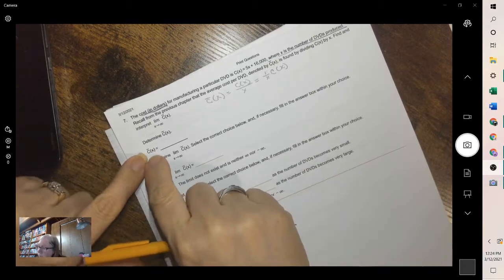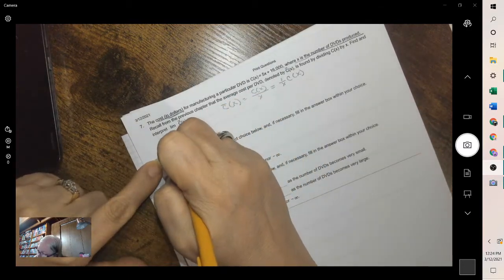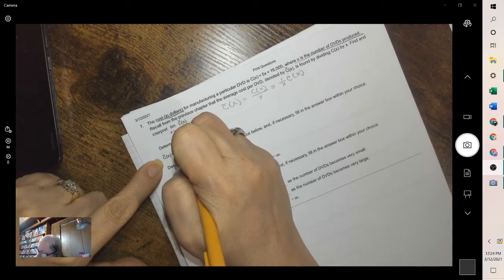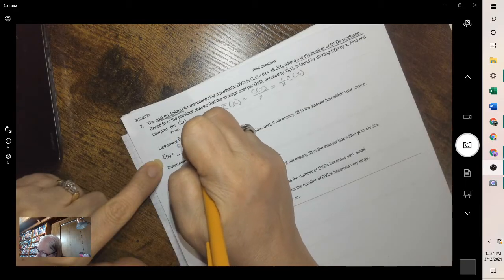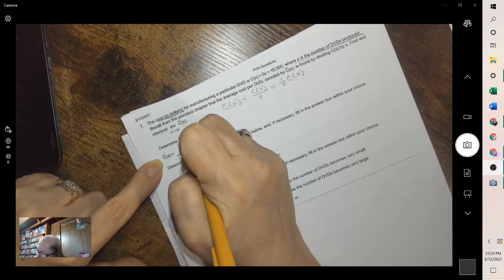So the average cost function is just 5x plus 16,000 over x.